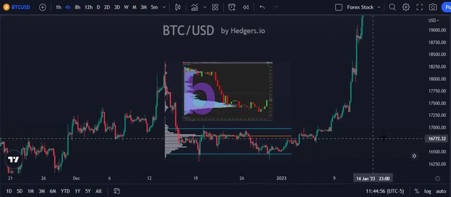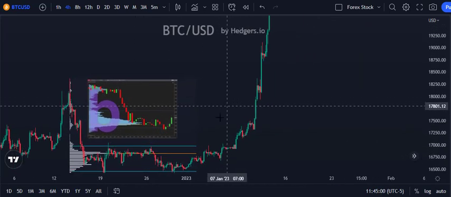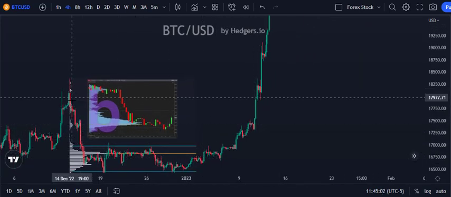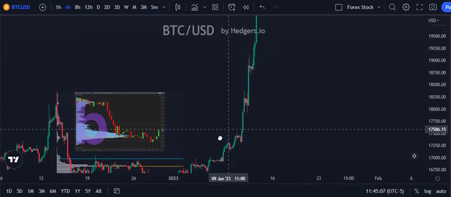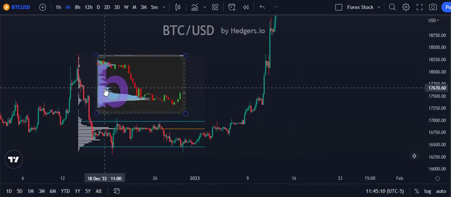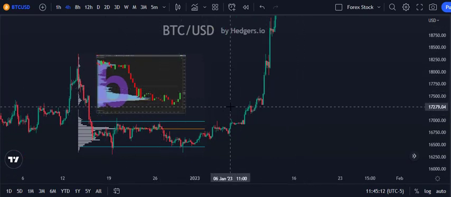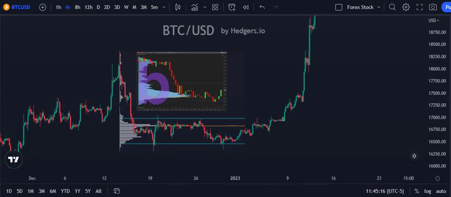Now you see here, after this B-shaped profile, longs liquidated, all of the over-leveraged late longs punished, price moved back up, and that is a beautiful uptrend after this B-shaped profile. You need to know how to spot this with the help of the fixed range profile.